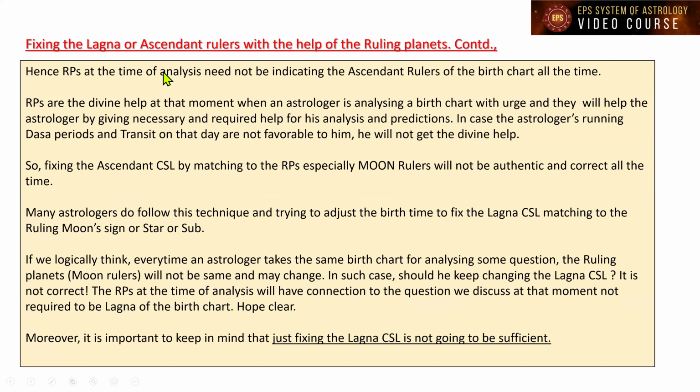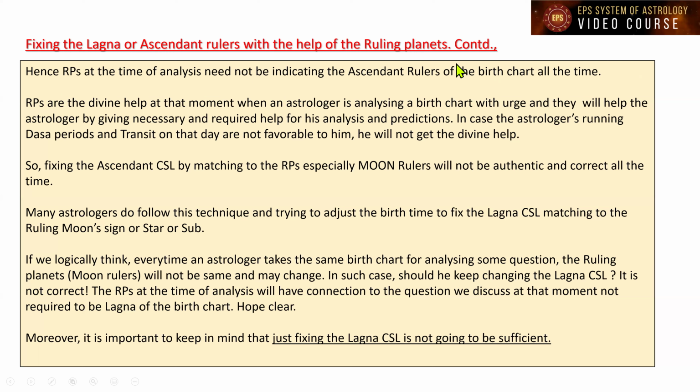Hence, RPs at the time of analysis need not indicate the ascendant rulers of the birth time all the time. Sometimes they will indicate also, because at the time of analysis the ruling planet will have a connection to the birth chart. It is not required that all the time the ruling planets will have a connection to the ascendant rulers.